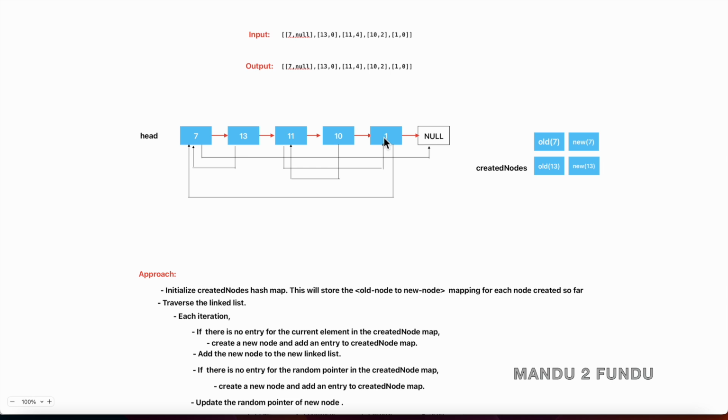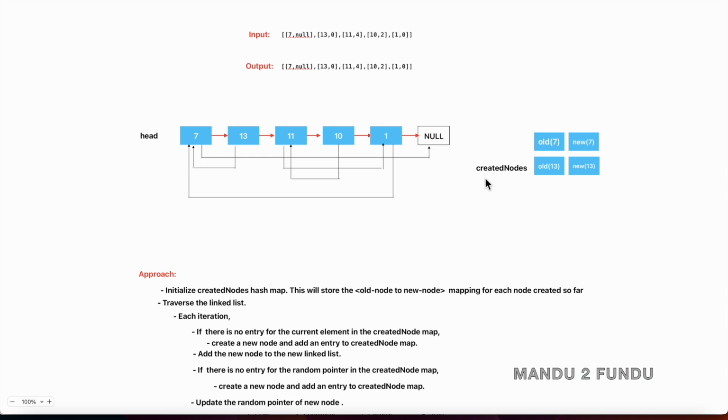So when we create a copy, we cannot update the random pointer if the node is present after the current node. In that case, we need to store the mappings between the node in the current linked list and the copy created for that node.